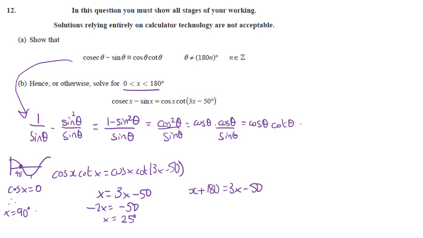And if we solve that one, same way, so minus 2x there, take the 180 to the right to make minus 230, so x is 115 degrees, which is actually a third solution. So we've got 3 different solutions here: x equals 90, x equals 25 degrees, and x equals 115 degrees. Okay, so don't forget about the periodicity of these functions, because there might be extra solutions that you haven't considered.